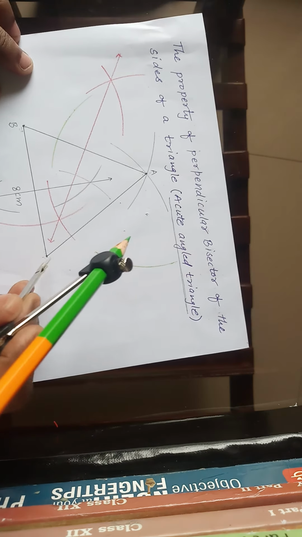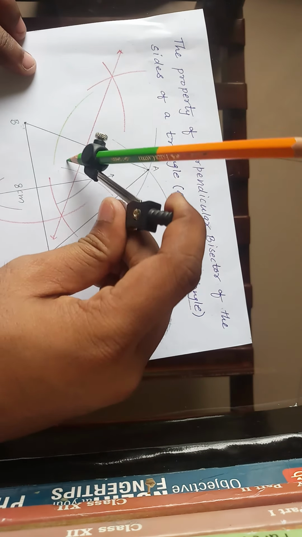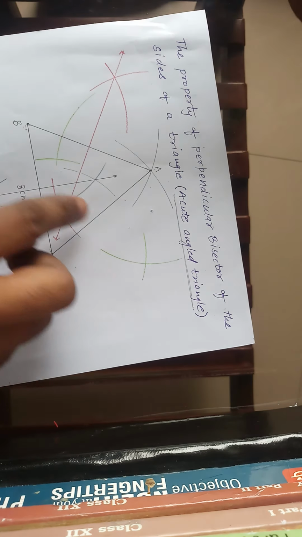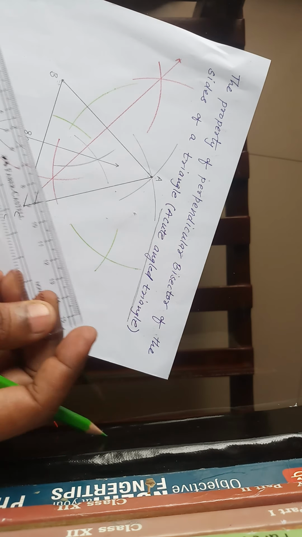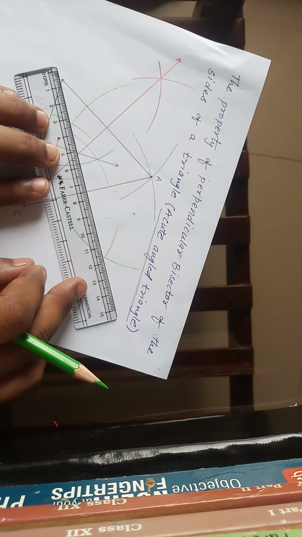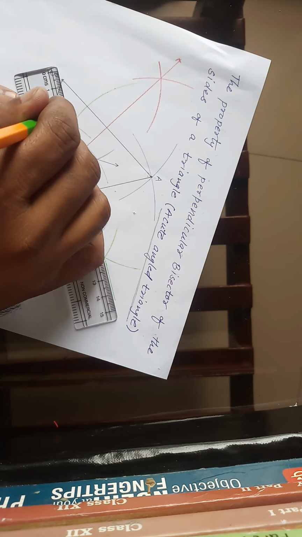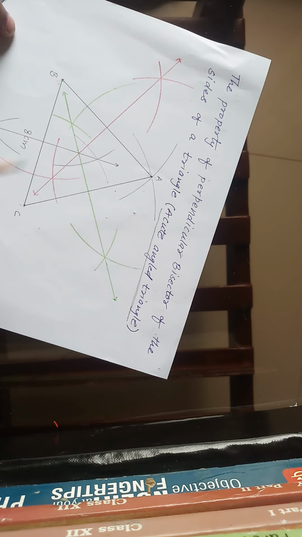Then you will draw the second arc from point C like this, and then like this, and these two points of intersection you will connect with the pencil, and you will get the bisector of segment AC. This is your bisector of segment AC.